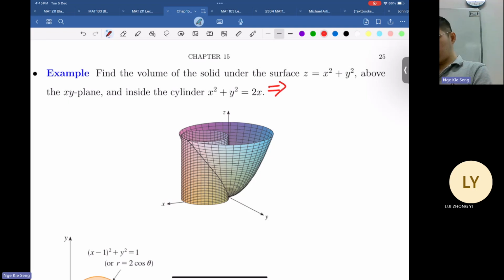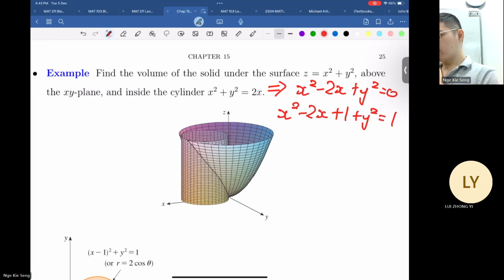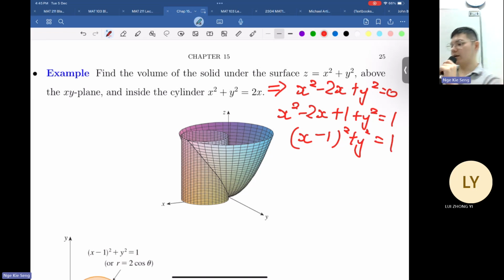This cylinder here, can we rewrite this cylinder equation? x squared minus 2x plus y squared equals 0. Then plus 1 on both sides. Why? Because I can rewrite this into a circle equation. By factorization, I get x minus 1 squared plus y squared equals 1. So this is a circle centered at (1, 0) with radius 1.